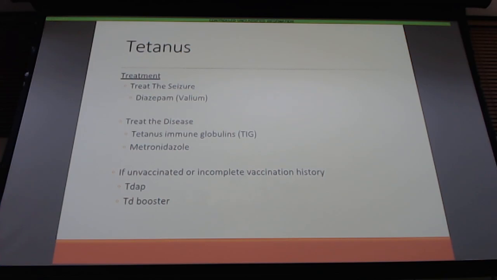If someone gets possibly tetanus, and they come in and their tetanus shot is greater than 5 years old, we usually go ahead and give them a booster. Okay. If their vaccine is greater than 5 years old and you think they have tetanus, you just give them the booster. The booster is Td. Okay. So on the bottom it says Td. That's the booster. Okay.